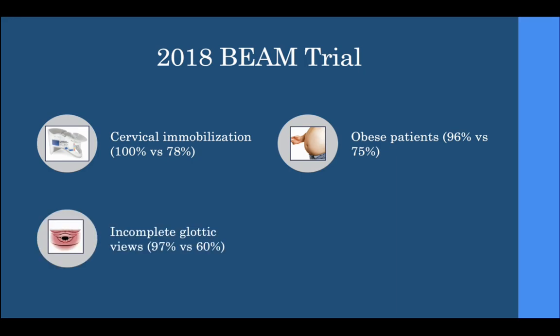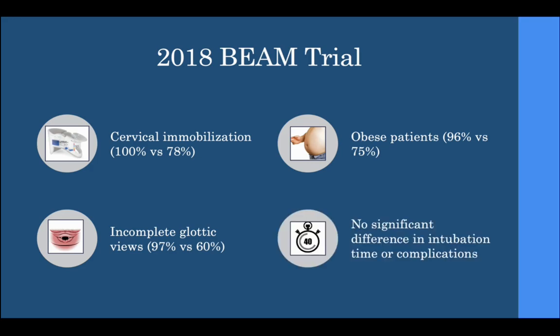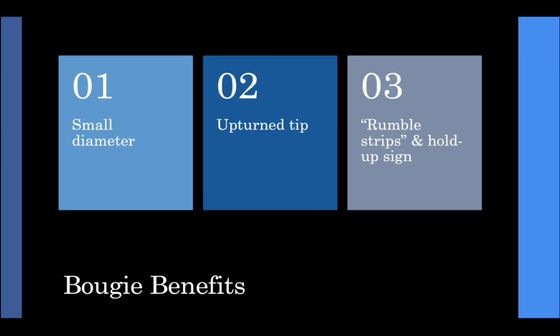And then any patient with an incomplete glottic view. So think about those Cormack-Lehane grades that we talked about earlier. 97% versus 60%. Now, this one makes a lot of sense to me because the bougie is small. The diameter of the bougie doesn't obstruct your view when you have a partial view. And again, there was no difference in time to intubation or any of the complication rates between the groups.